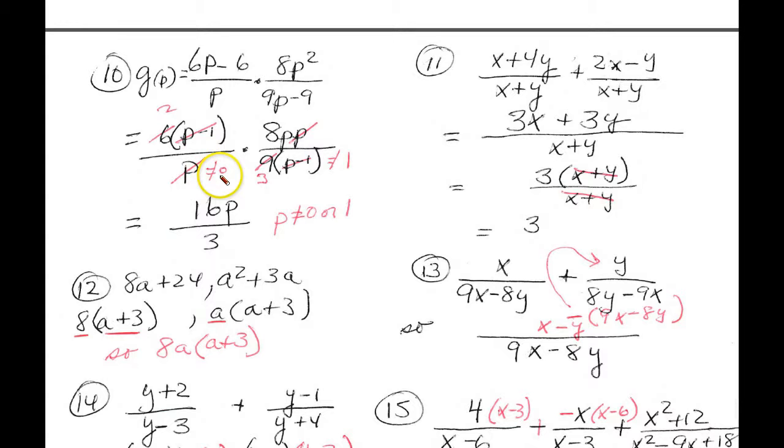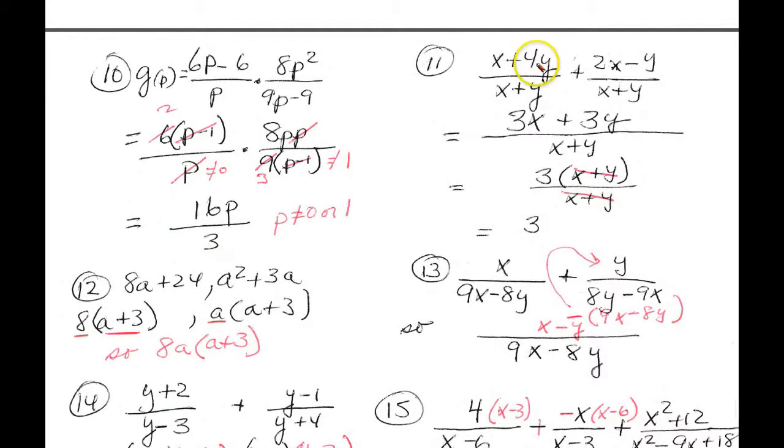Well, P could not equal 0, and then P could not equal a positive 1. So here, if P were 0, that would make that denominator a 0. And if P were 1, 1 minus 1 is 0, it would have made this denominator a 0. So those are our restrictions, and there's our simplification.